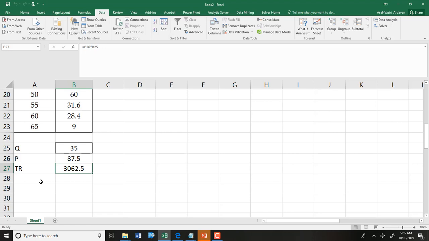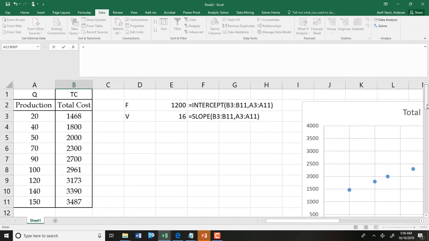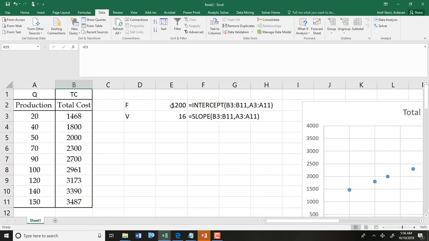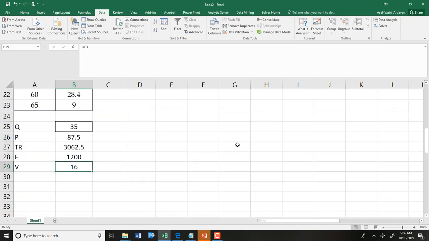Then I come here, I have my fixed cost, and that fixed cost is equal to this fixed cost, and then variable cost. I just need to copy this down. That one was 1200. If I copy it down, this one will be also copied over there.